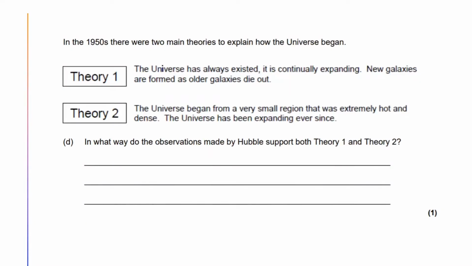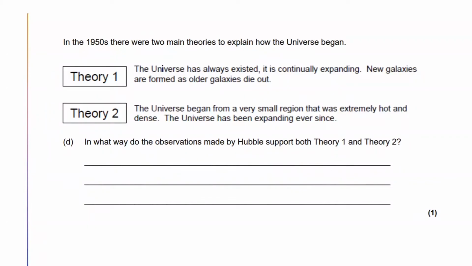So let's have a look at this one. In the 1950s, there were two main theories. Just be careful here because they could give you theories we may not have heard of before. They can do that if they give you the information. So in the 1950s, there were two main theories to explain how the universe began. Theory 1: the universe has always existed and is continually expanding.